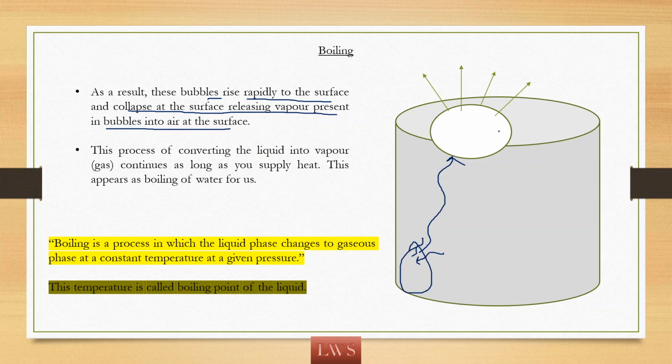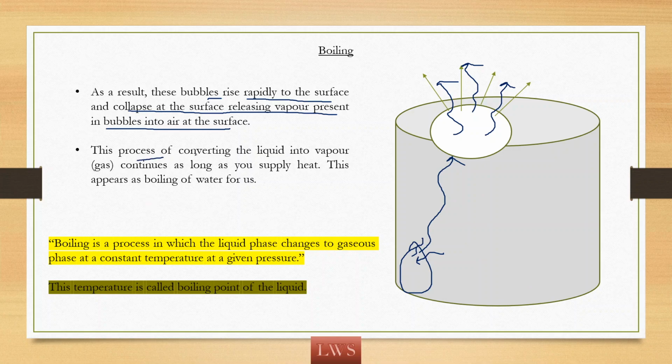When the bubble collapses, the saturated vapor present inside will be released to the atmosphere. In this form, the liquid, that is water, is converted to the gaseous form with the phenomenon of bubbling. This whole phenomenon you can call boiling.